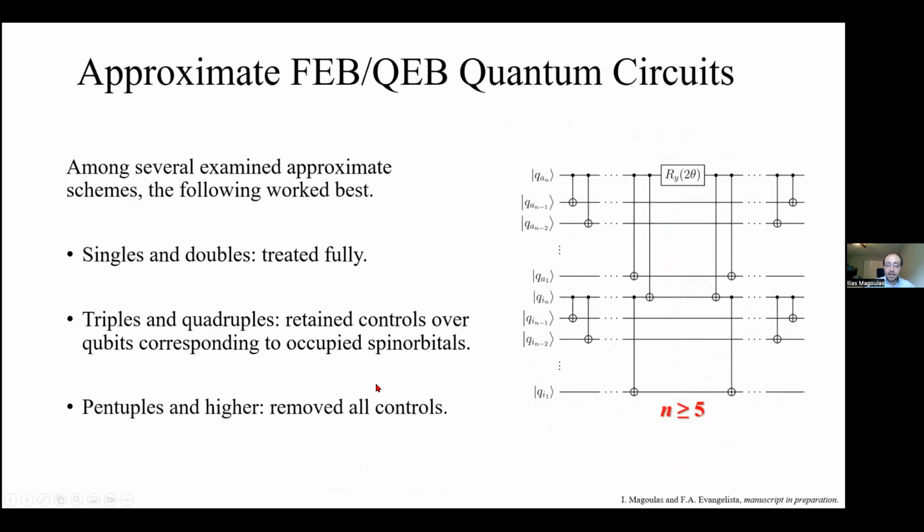For pentuple and higher excitations, we will remove all controls. So essentially, we are replacing the multiply controlled RY gate by a single qubit RY gate. And by doing that, we have a linear scaling that looks like this. This is a linear scaling with a small prefactor when compared to the factor of more than 30 from the previous implementation.